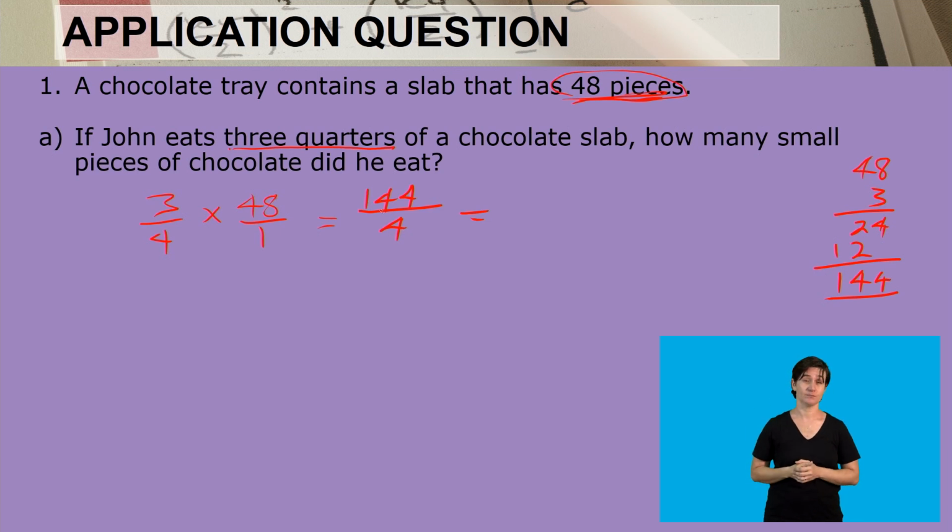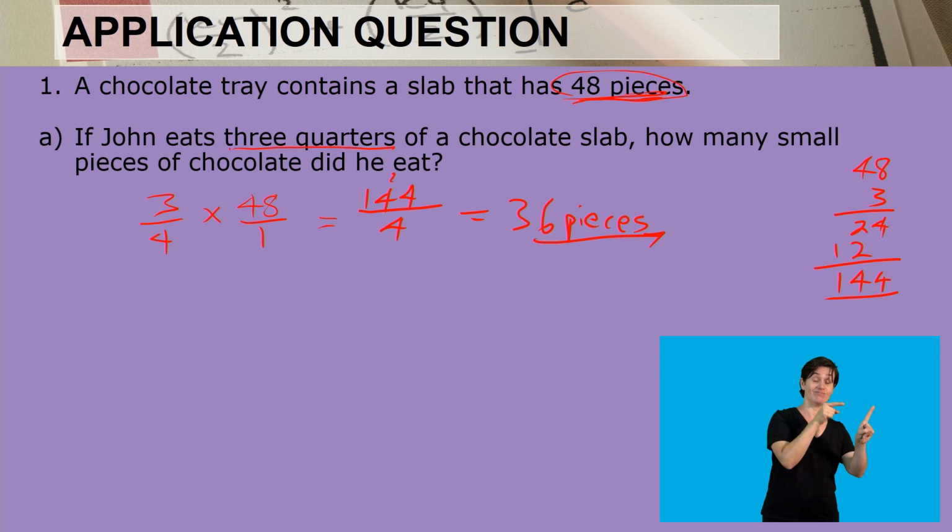So 14 divided by 4 would be 3 times. And then we have 20 that remains. So it's 24 divided by 4, which is 6. So we have 36 pieces. Therefore, John eats 36 pieces.